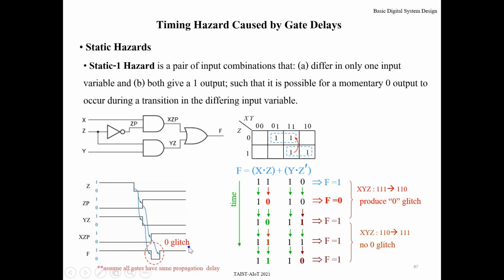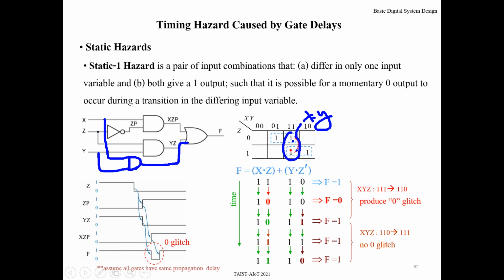If you want to solve this problem, you should add this term that covers these two cells, namely x and y, or consensus term. So you can add this one, x and y, and then OR all together.